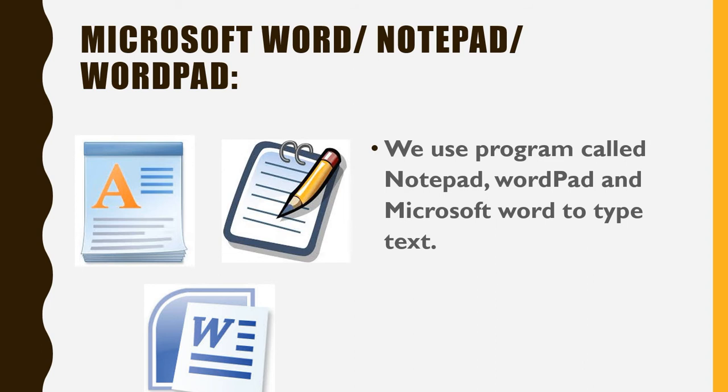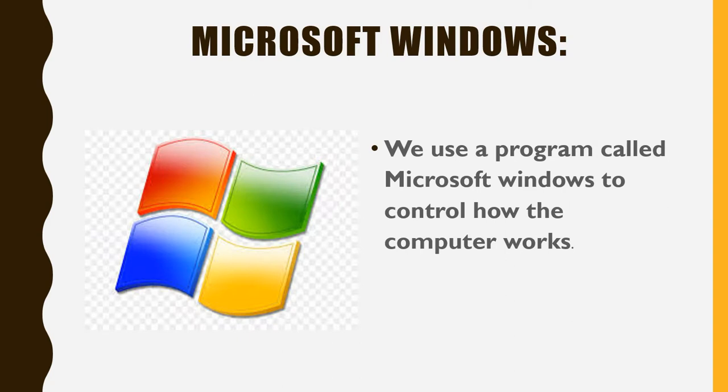Word is a word processor software used for writing and editing text. Microsoft Windows. We use a program called Microsoft Windows to control how the computer works. Each program has a different icon. We can learn to recognize a program by its icon.